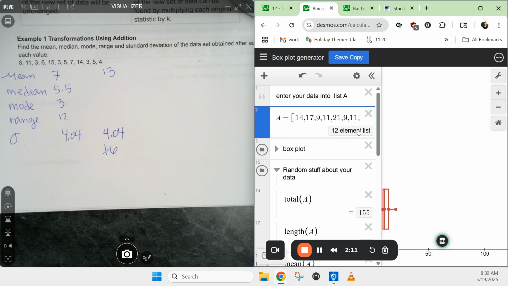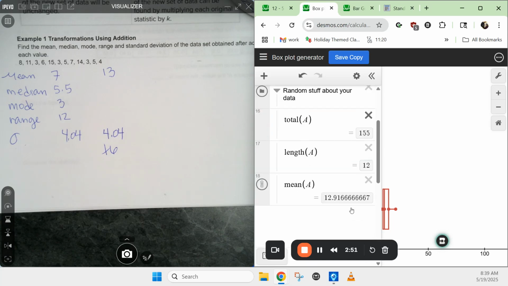Let's go from the beginning because I think I did something wrong. Added 6, 9, added 6, 21, 9, add 6, 13, 20, 9, 11, and 10.